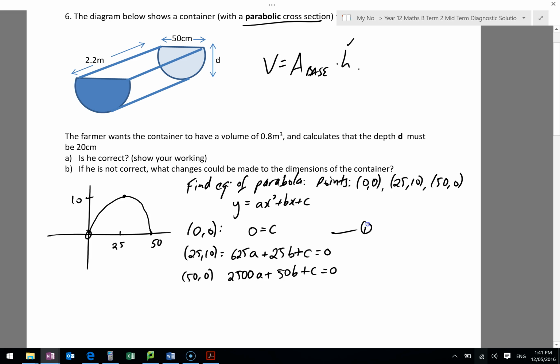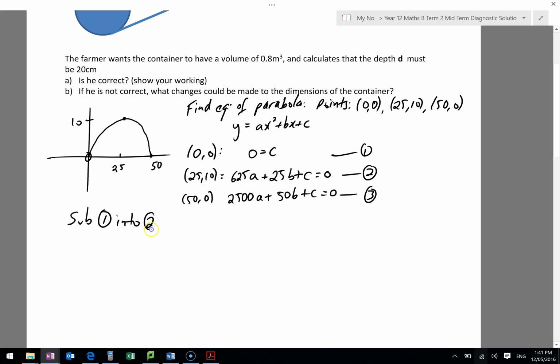So 3 equations, 3 unknowns, but the first equation is pretty straightforward. I'll sub 1 into 2 and 3. So 625a plus 25b equals 10, new equation 2.